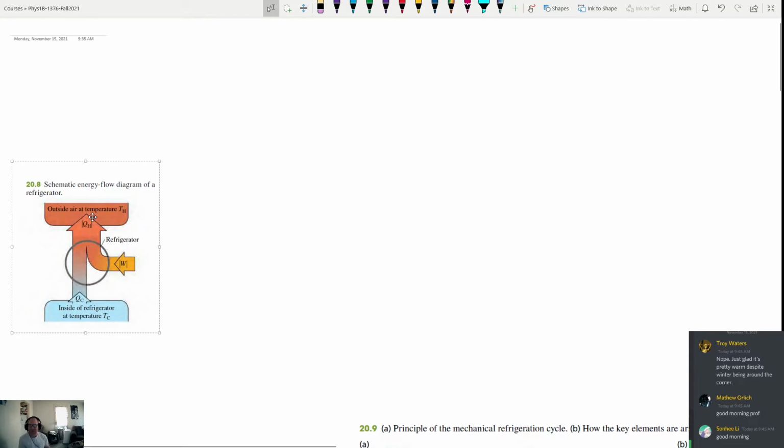All right, so the first thing we're talking about are refrigerators. Okay, so you all probably have refrigerators in your homes, I assume. And they are effectively a heat engine operating in reverse.